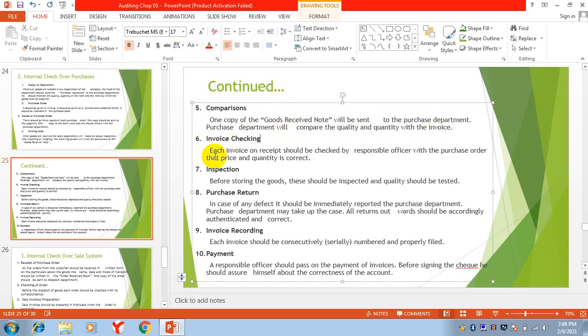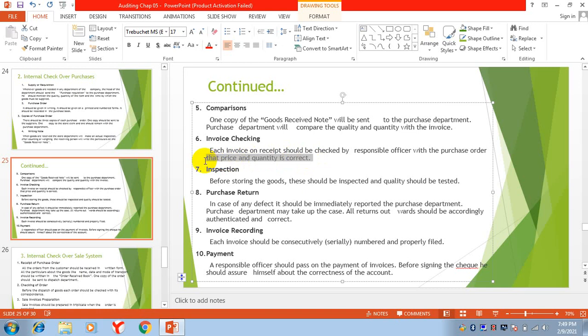Then again, invoice checking. Each invoice or receipt should be checked by a responsible officer. Whatever the receipt is, the responsible officer will check it with the purchase order, comparing it to confirm that the price and quantity are correct.